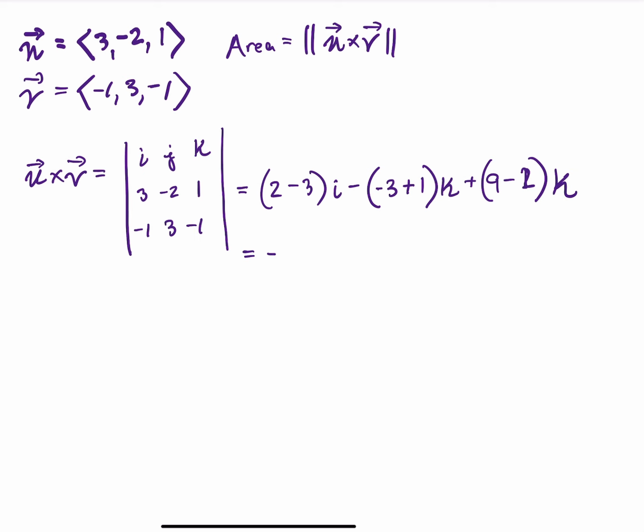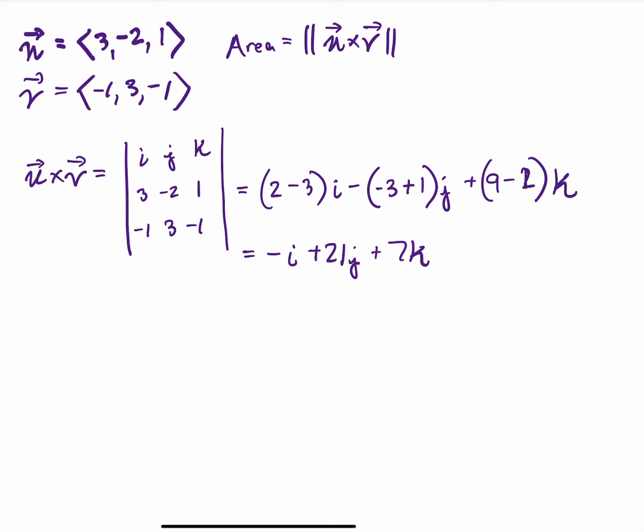So that should give us negative 1i plus 2, okay, because we'll get negative 2 multiplied by a negative, then plus 7k. Oh, I wrote k twice again. This should be j. This will be k.